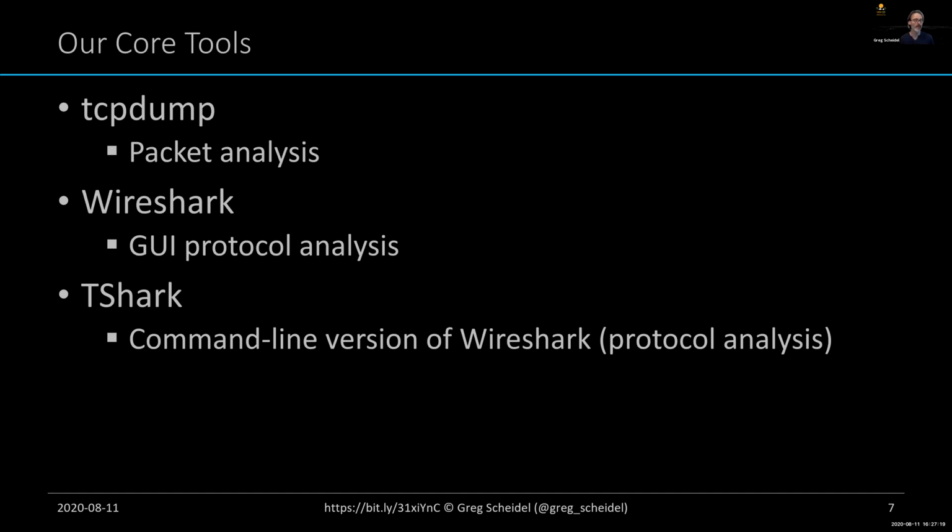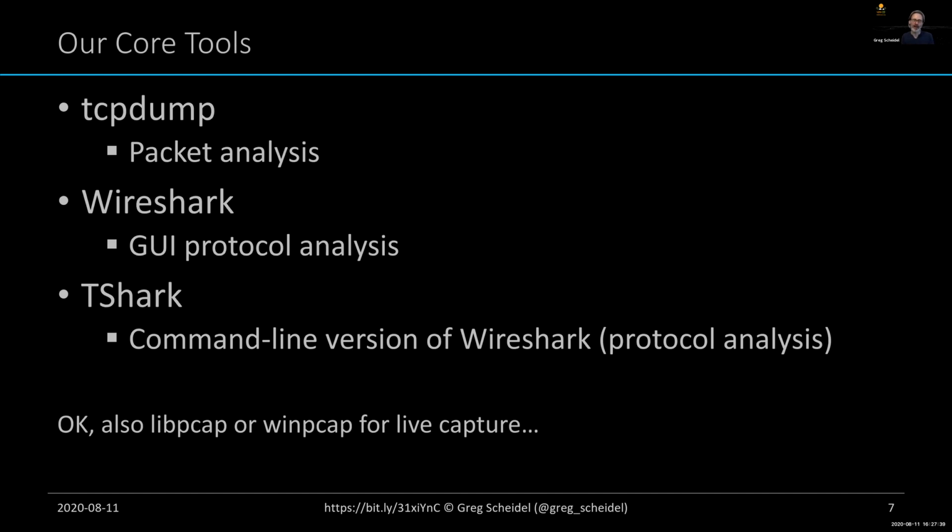All right. Oh, and then the last thing, libpcap or WinPcap. When you're using a tool like tcpdump, Wireshark, or TShark, these are the tools that interpret and decode the information that you pass to them.